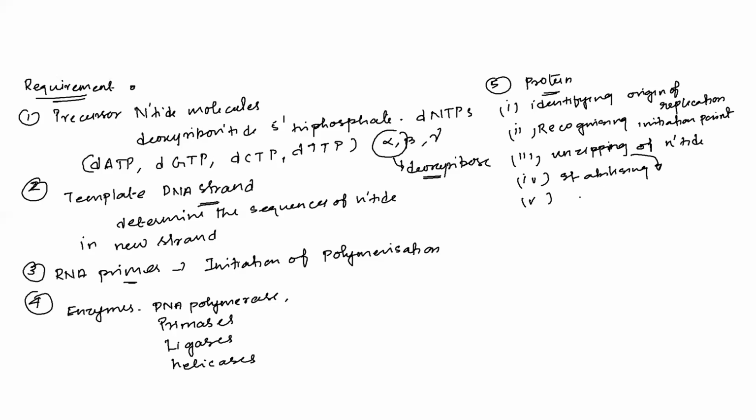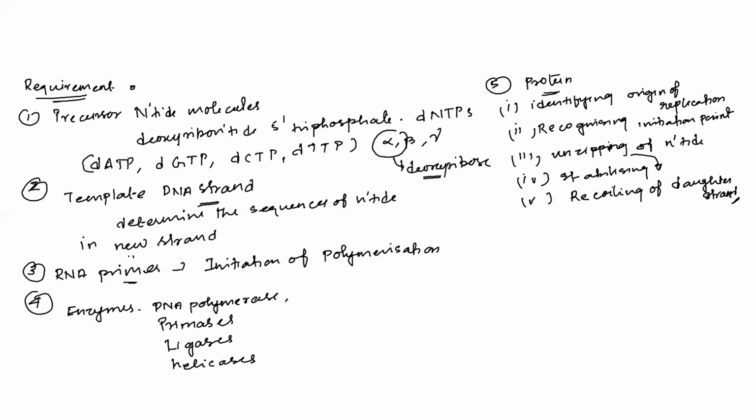Then you require recoiling of the daughter strand. Yes, we'll talk about all these things. So these are the requirements for DNA replication to occur.